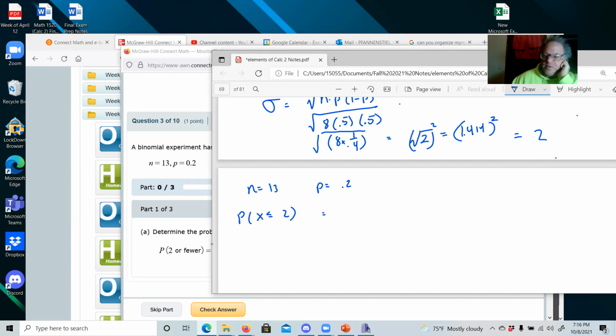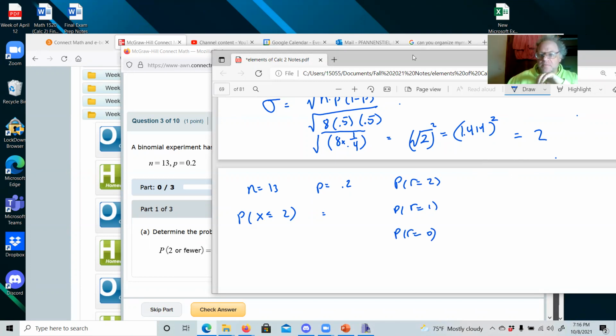So what we have to do is figure out what's the probability that x equals 2, probability that x equals 1. Actually, let me change that. Instead of an x, let's change this to an r to be consistent with what we were doing earlier. So r is equal to 2, r is equal to 1, probability that r is equal to 0. Okay.